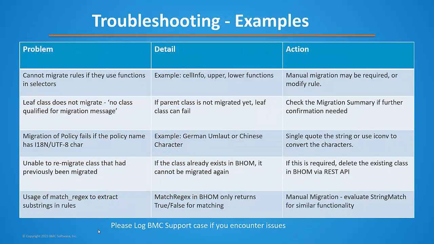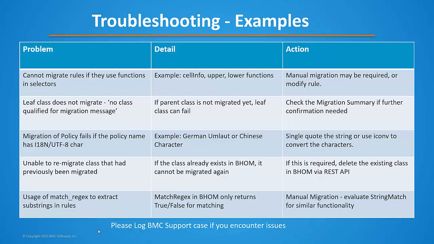And so some troubleshooting best practices. So one is that these are just a set of some examples, right? Not an exhaustive list. But one problem that you could encounter is that you cannot migrate rules if they use functions and selectors. For example, if a selector in a rule uses cell info or the upper or lower functions, BHOM doesn't support those functions and selectors.